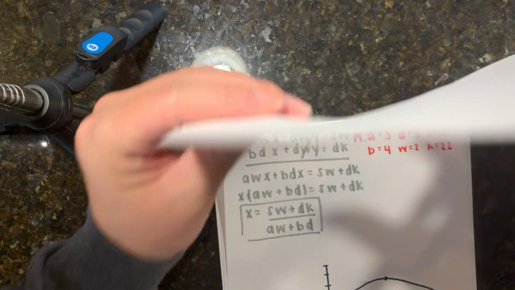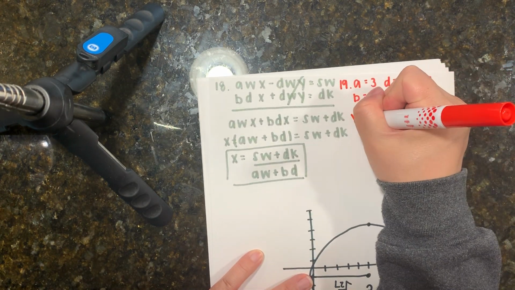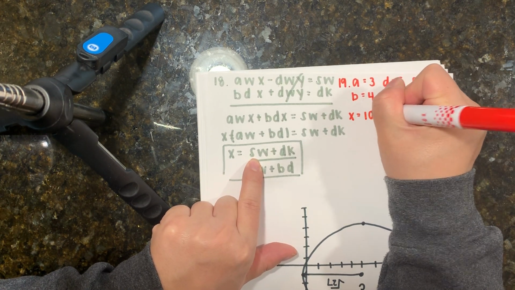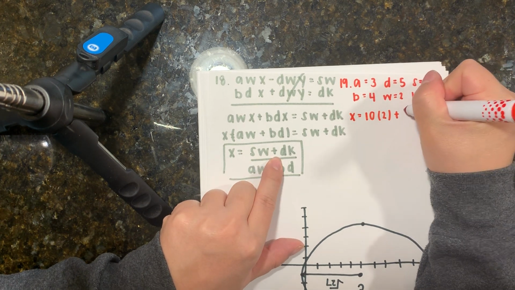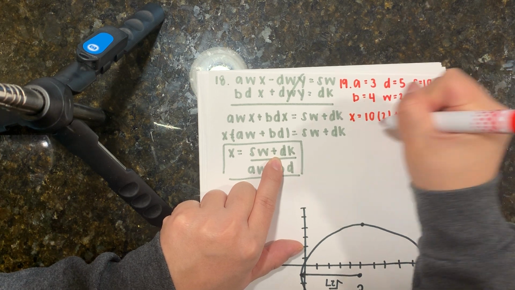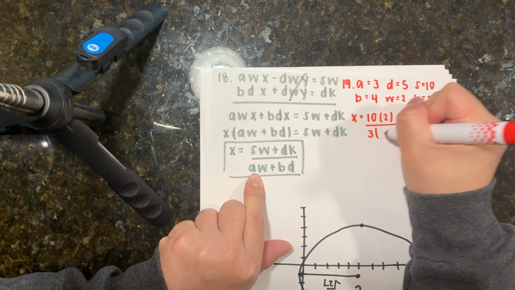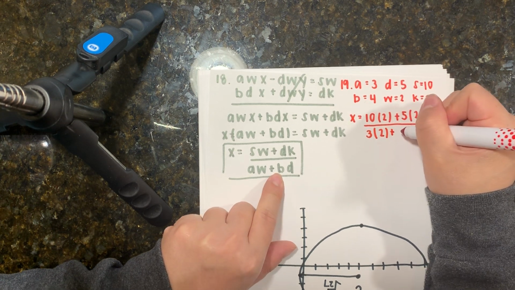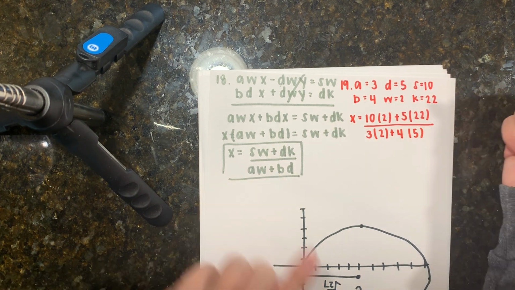And then all you have to do is plug those variables into what we got before. So x is going to be equal to s, which is 10, times w, which is 2, plus d, which is 5, times k, which is 22, over a, which is 3, times w, which is 2, plus b, which is 4, times d, which is 5.